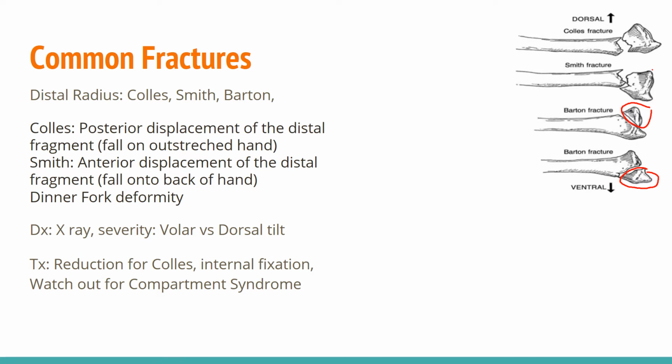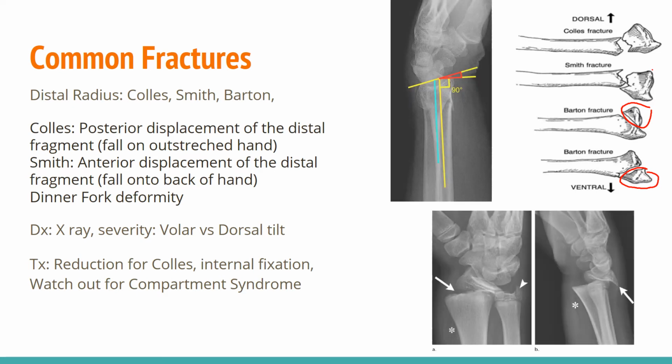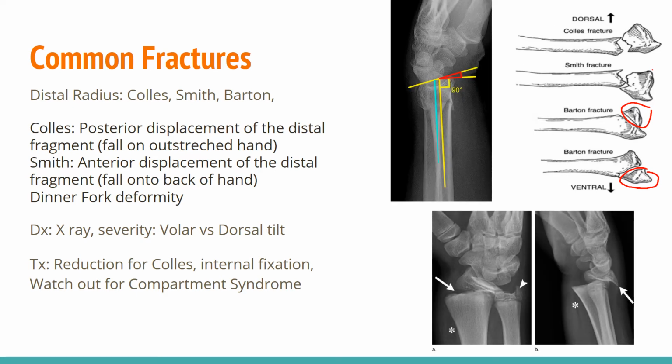In terms of diagnosis, you have x-ray, and then for severity you would calculate volar and dorsal tilt. So for the tilt, you would get the lateral view of the wrist, and you would calculate it by drawing a line from the highest point of the distal radius, both dorsally and ventrally, like this, and then you would draw a line through the radius like that, and then draw a line perpendicular, and then calculate this angle here.